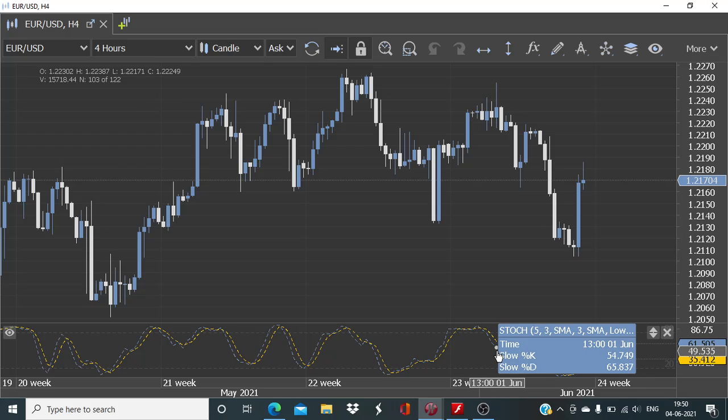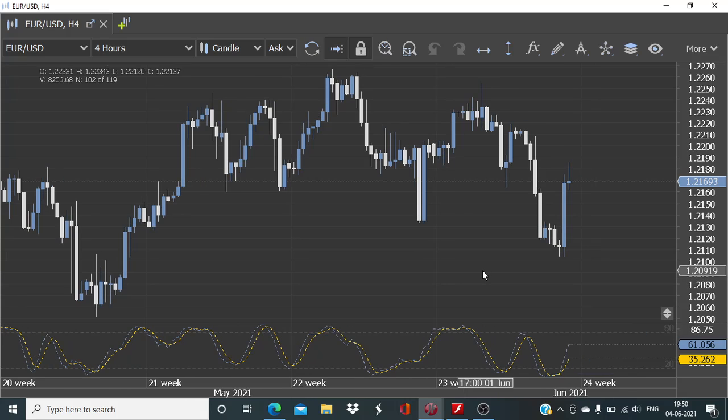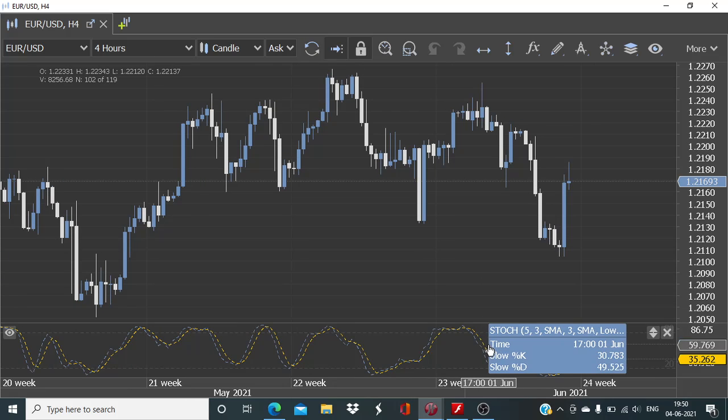So we will be using the last 4 hour stochastic output, and its K value should be below the D value. Slow percent K should be lower than slow percent D, and also it should be lower compared to the penultimate 4 hourly candle's output for the stochastic. So it should be on decline, and it should also be within the band.